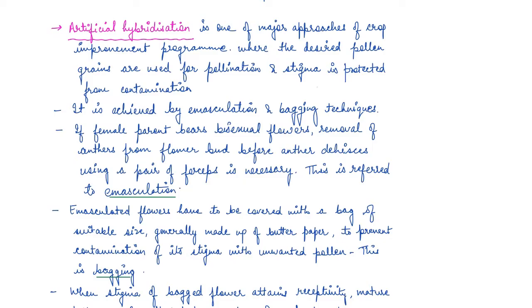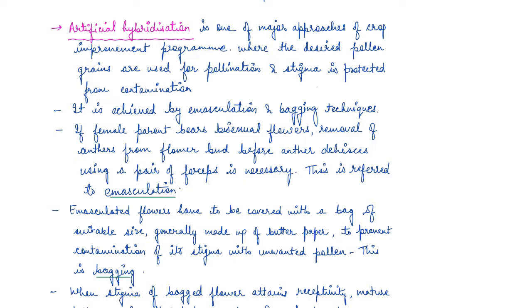This is achieved by emasculation and bagging techniques. Emasculated flowers are covered with a bag of suitable size. These bags are usually made of butter paper, and it prevents contamination of the stigma with unwanted pollen. This process is bagging.